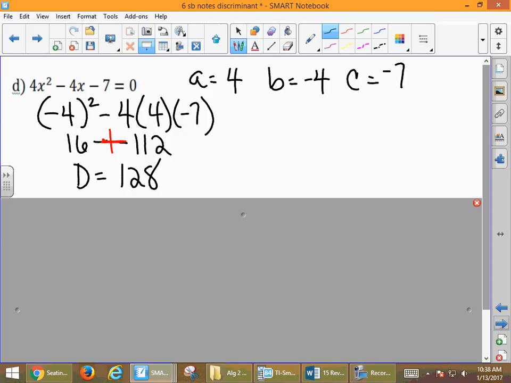So when we look at this value here, the first question is, is 128 a perfect square? And it's not. Because it's not, how many answers would we get if we actually figured out what they were? Jordan? So we get 2. What kind are they going to be? They're going to be irrational.